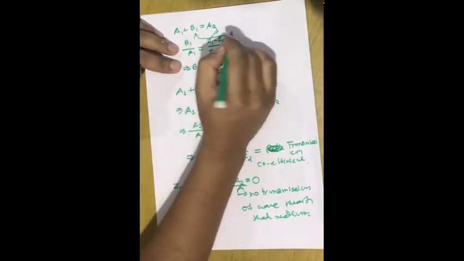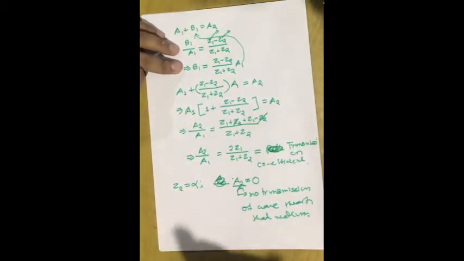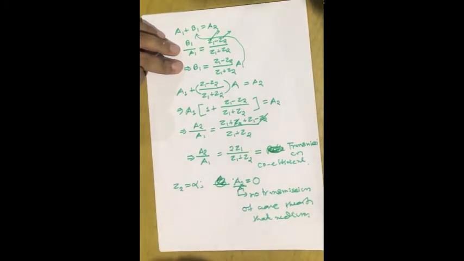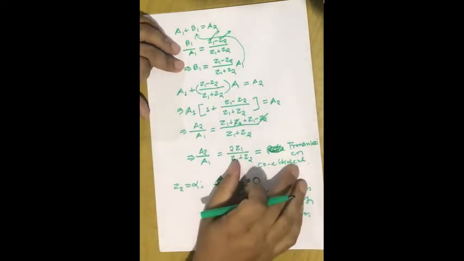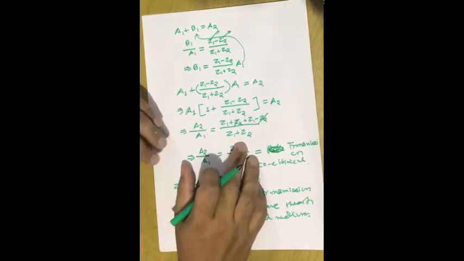Z1 is the impedance of the string and Z2 is the impedance of the other part of the medium which we used to fix the string, or through which the transverse wave propagates. So with this I come to the conclusion of this part of the lecture.